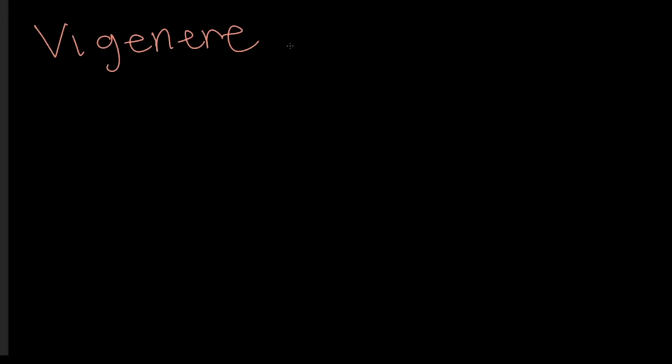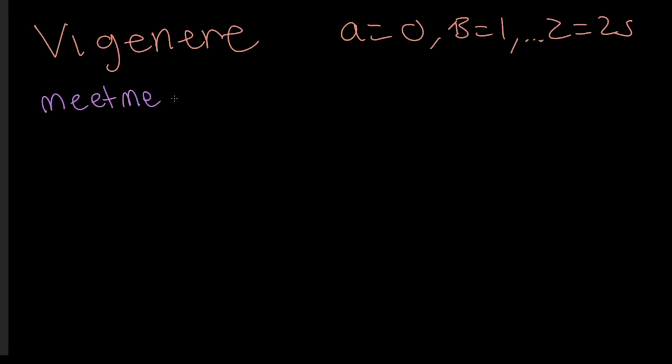It's quite easy. So first off, just like with the Playfair Cipher, we need to assume that A is equal to 0, B is equal to 1, and Z is equal to 25. So let's encrypt meet me here with our keyword. And our keyword for today can be YouTube.